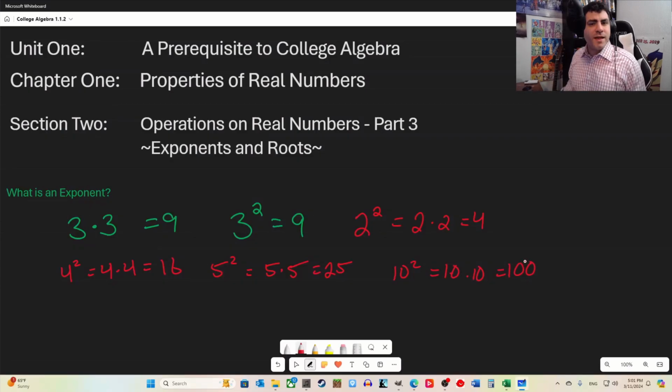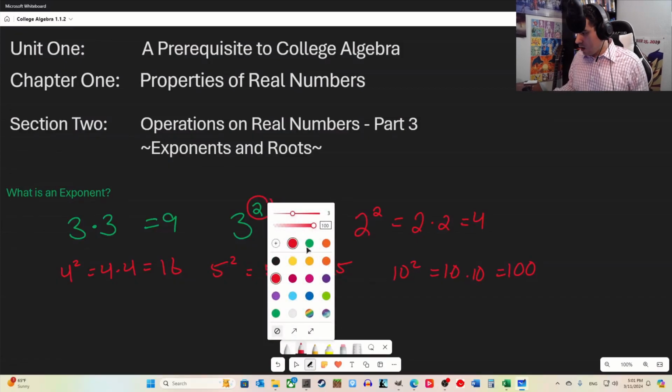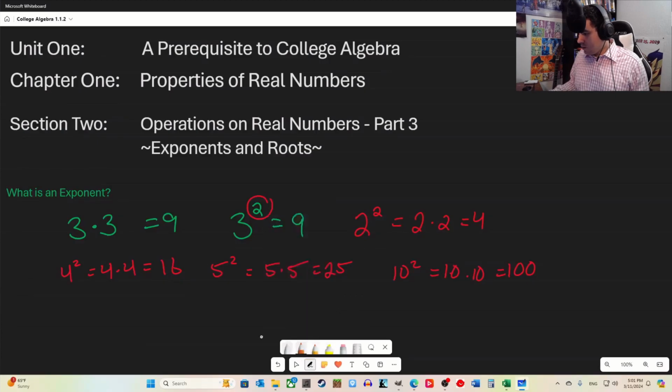An exponent is simply a number multiplied to itself a certain number of times. So we've been using this second power. We can also use other powers.